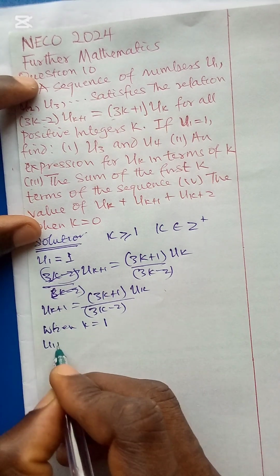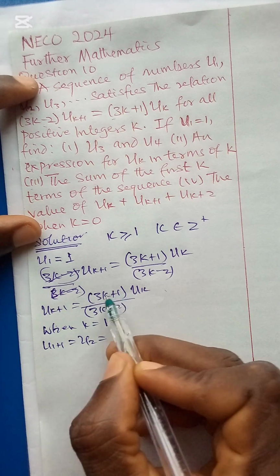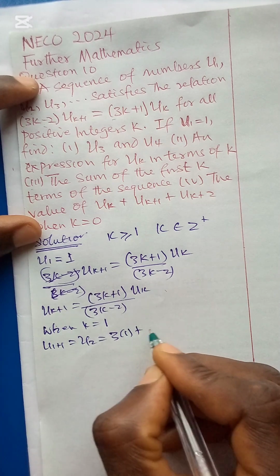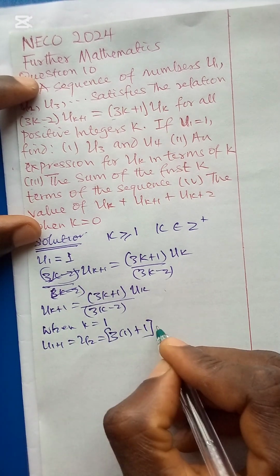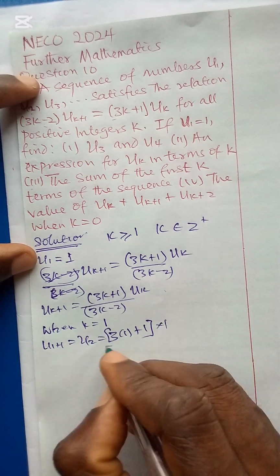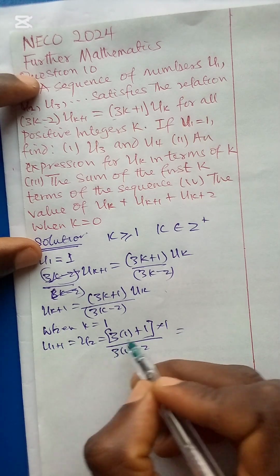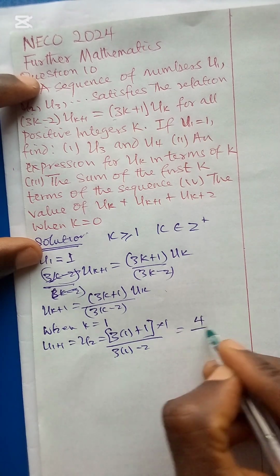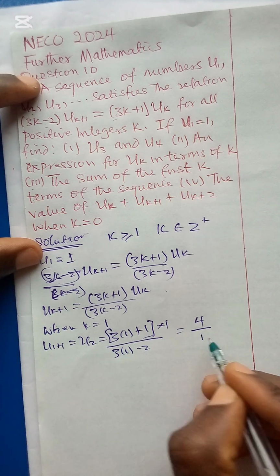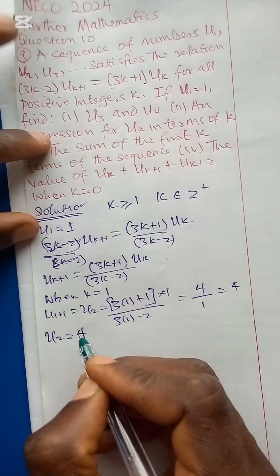That becomes u_(1+1), which is u2, equals, I'm going to put 1 wherever I see k in this equation. That becomes (3 times 1 plus 1) times u1, that is u_k where k is 1, and u1 is 1, all over (3 times 1 minus 2). Now, 3 times 1 is 3, plus 1 is 4. Then 3 times 1 is 3, minus 2 is 1. Therefore, our u2 is equal to 4.